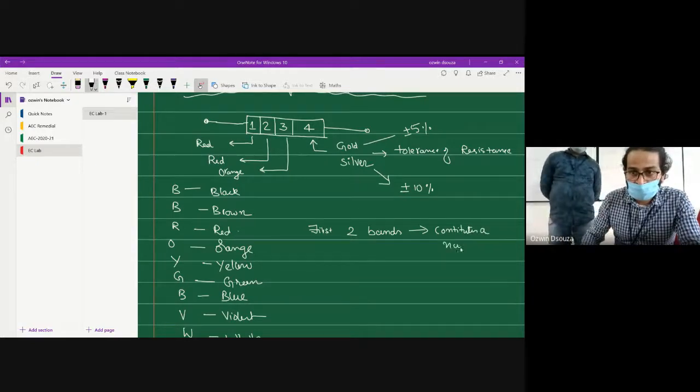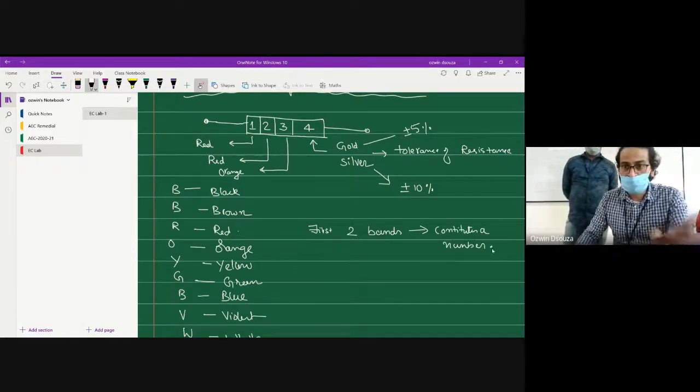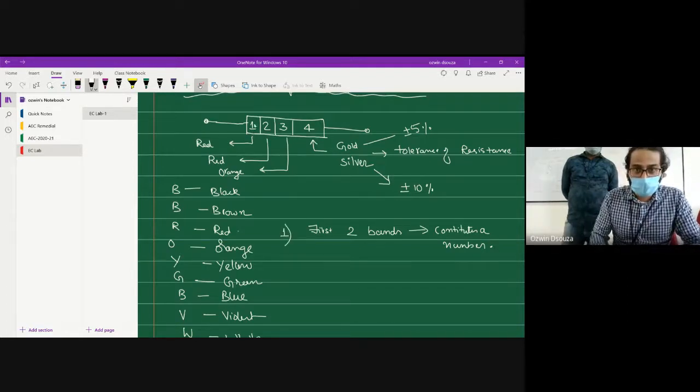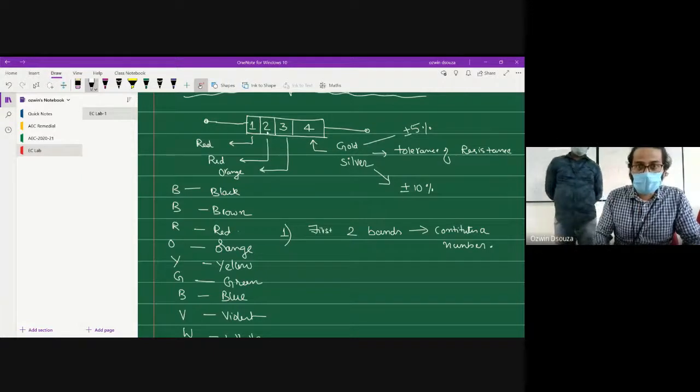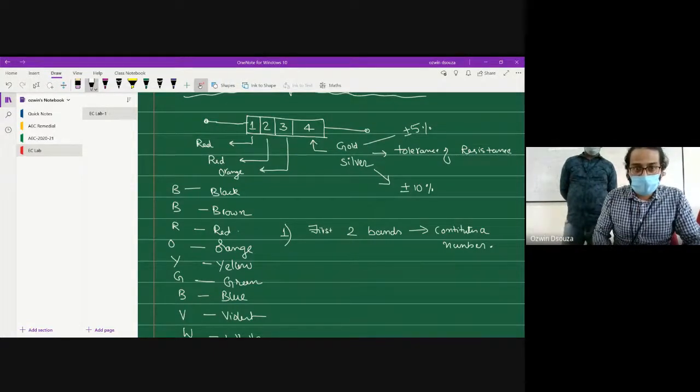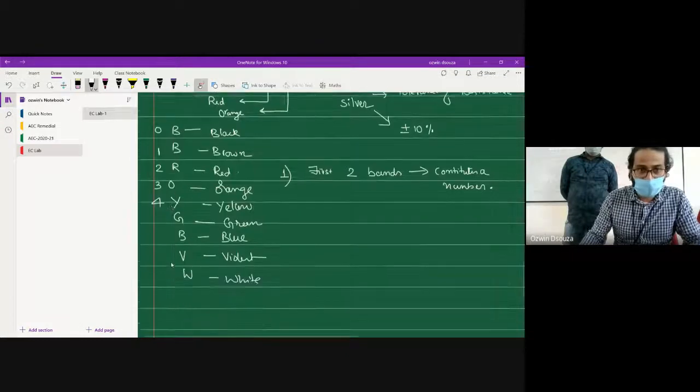Let us apply it then and there. What is the color of the first band? It is red. What is the color of the second band? It is also red. So red, this is 0, this is 1, 2, 3, 4. Yeah, you have to write down the decimal numbers. 5, 6, 7, 8. Correct?